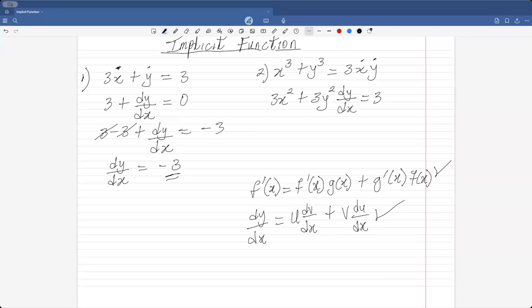If you don't understand product rule, I advise that you check my previous video so you have a better understanding of how to differentiate a function using product rule.